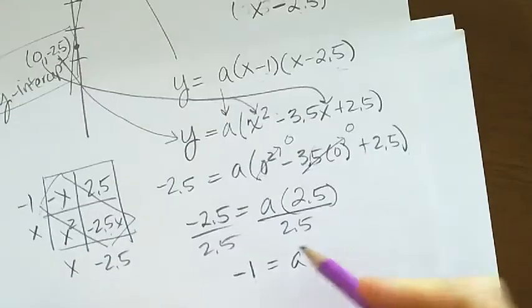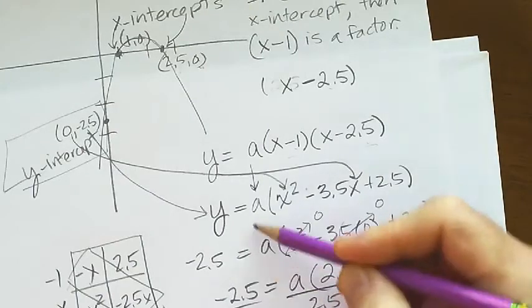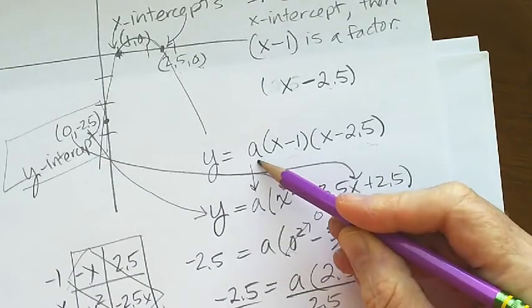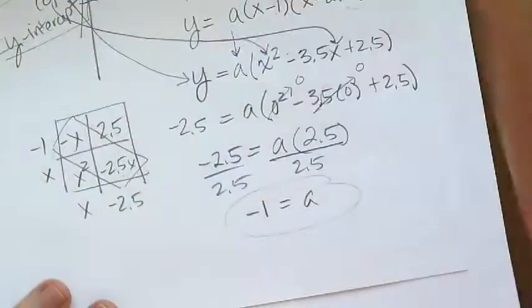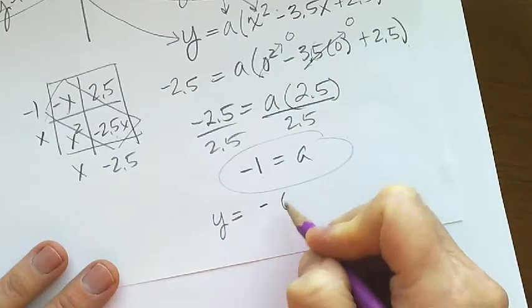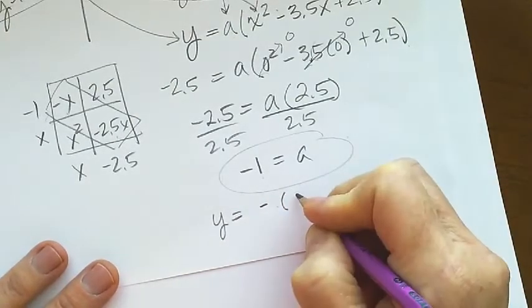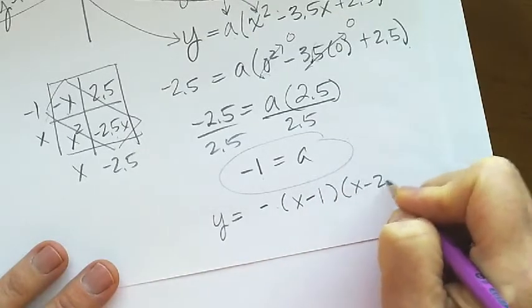So then I'm going to plug that in either here or here. So you could just write your final answer as y equals -1, and usually you don't write the 1, you just put a negative sign, times x minus 1 times x minus 2.5.